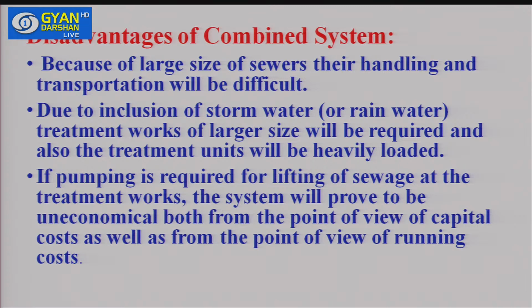If pumping is required for lifting of sewage at treatment works, the system will prove to be uneconomical, both from the point of view of capital cost, meaning installation of the machines and pumps, as well as from the point of view of the running cost. So both ways it will be uneconomical in that case. So these are the disadvantages of the combined sewerage system.